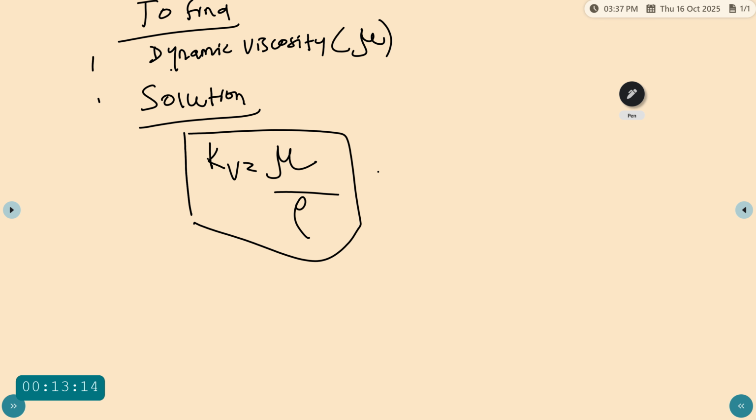Now the KV value is available, but the density of the fluid is not available.